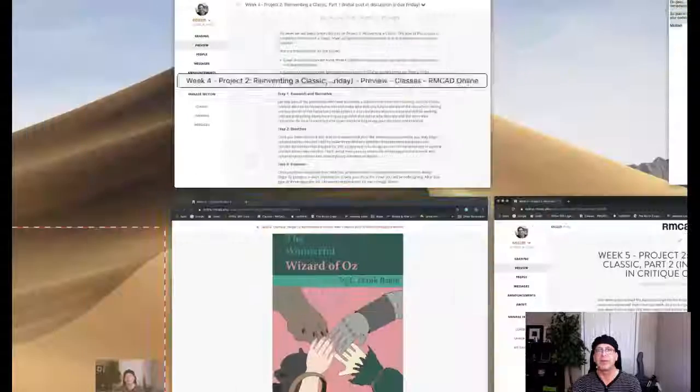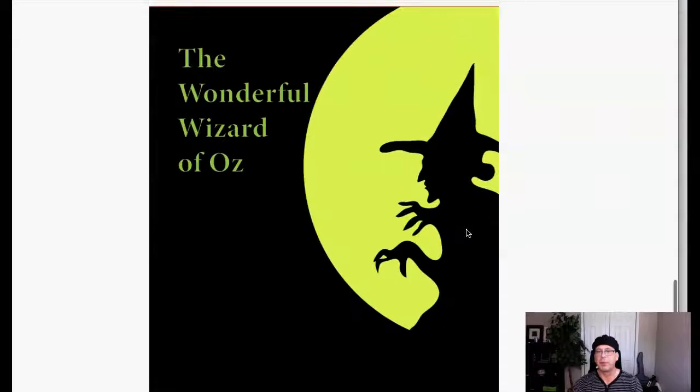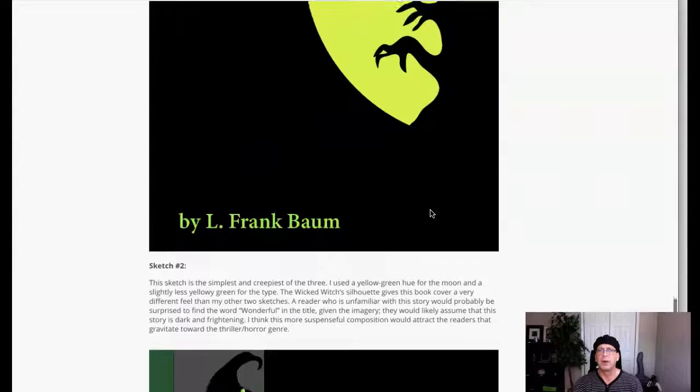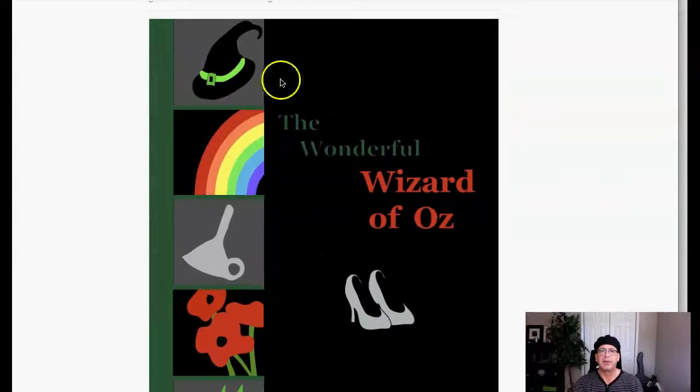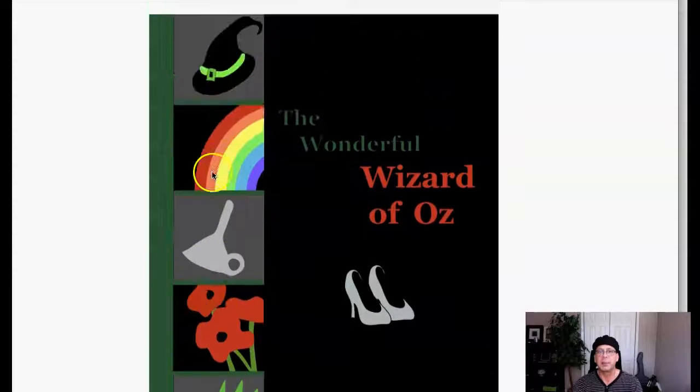But the important thing is that you don't just come out here and depict one of the characters from the book or from the movie. Do you see what I'm saying? So these are just basic little depictions of elements from different scenes in the book.